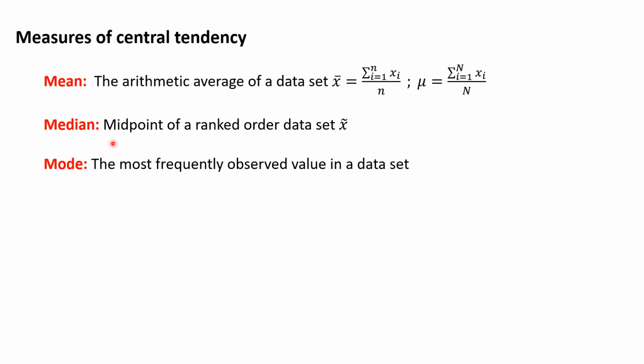Then you've got the median, which is the midpoint of the data. And again, this is an important part, ranked in order. That is X tilde. And then there's the mode, which is just the most frequently observed value in that data set.